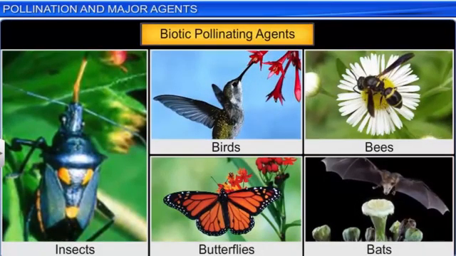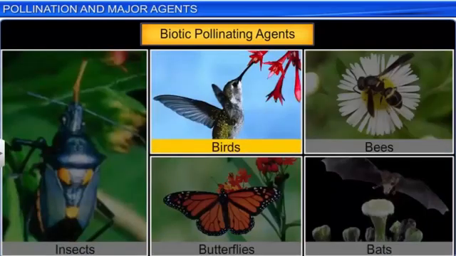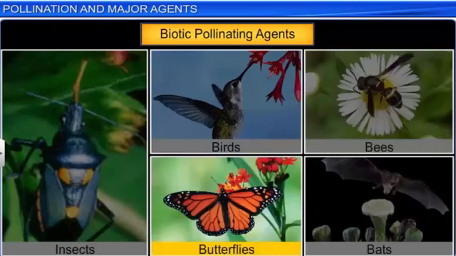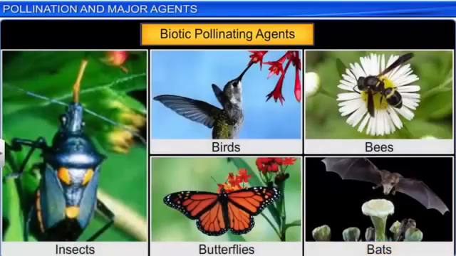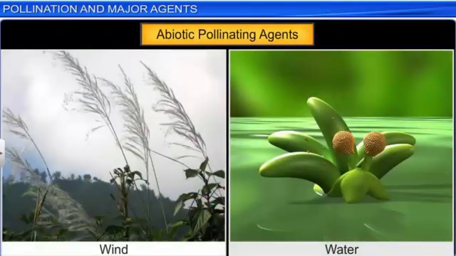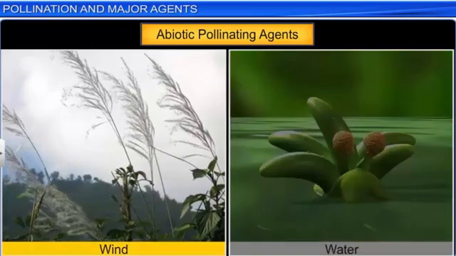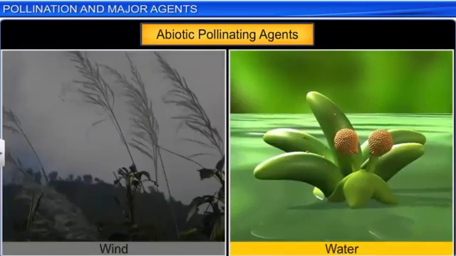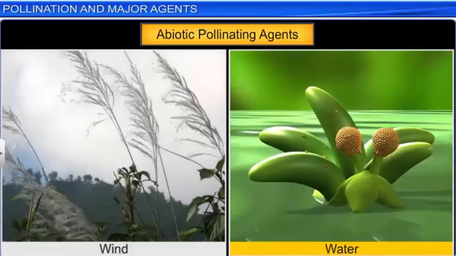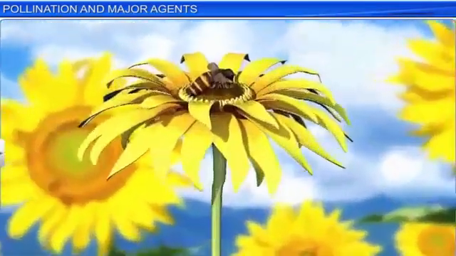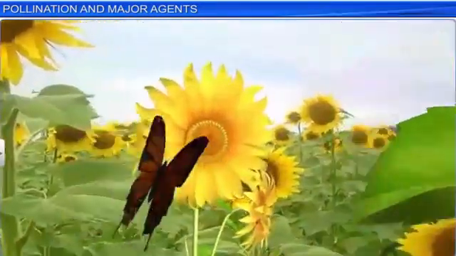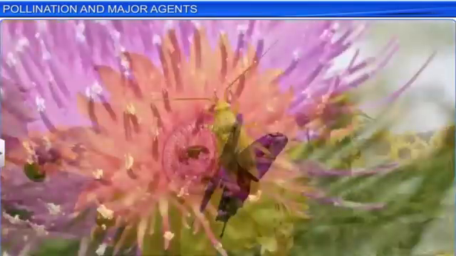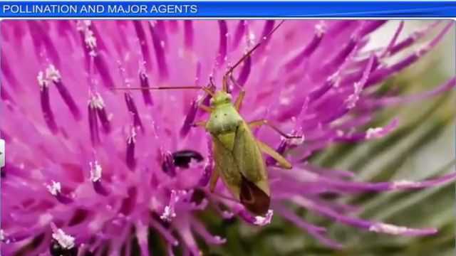These agents include biotic agents such as insects, birds, bees, butterflies, and mammals such as bats, as well as abiotic agents such as wind and water. Incidentally, pollination in a majority of plants is aided by biotic pollinating agents, which get attracted by flowers which vary from each other to attract their specific pollinator.